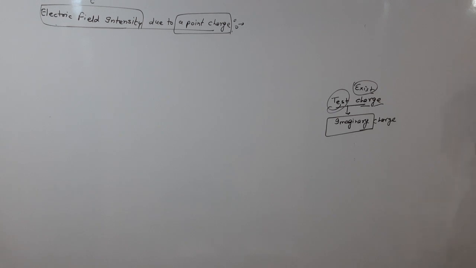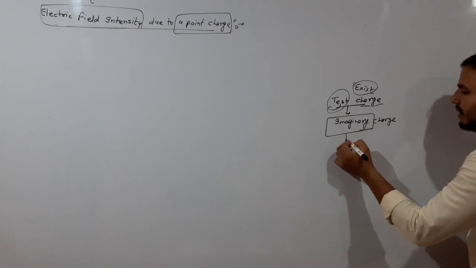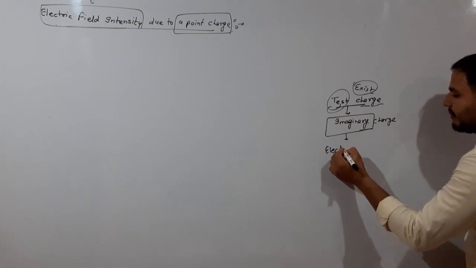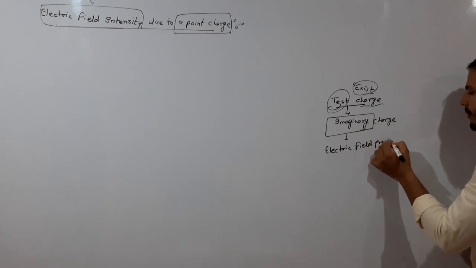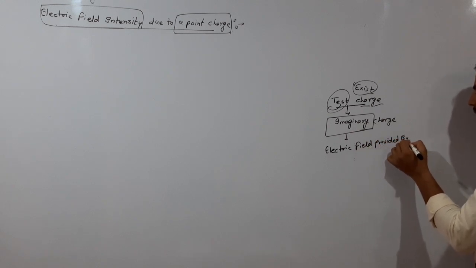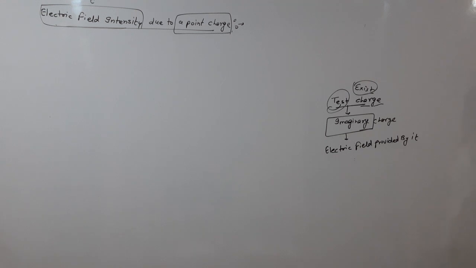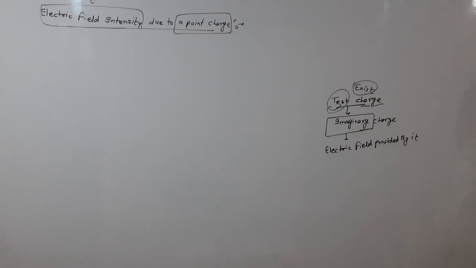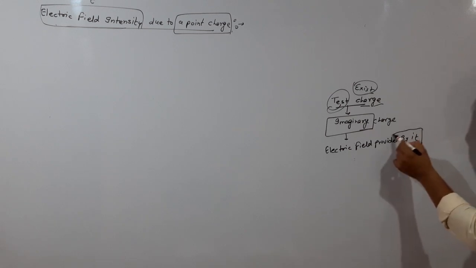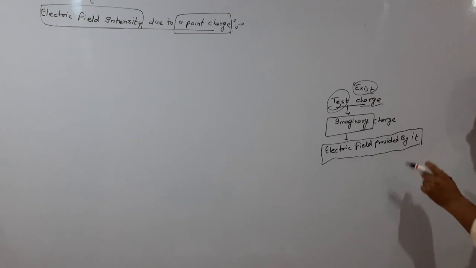If any charge exists only in imagination, then there is no electric field provided by it. So the definition of test charge: a test charge is an imaginary charge which cannot provide an electric field.